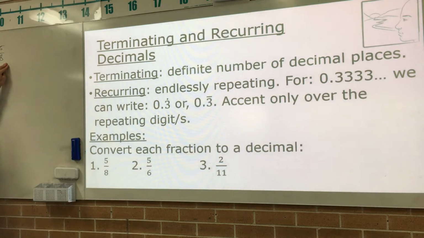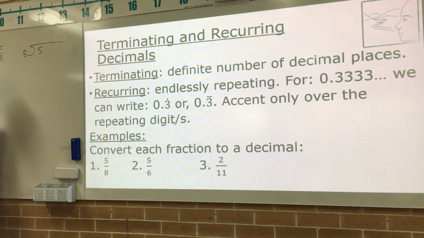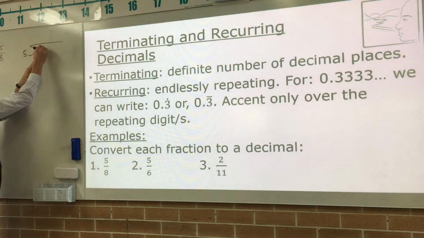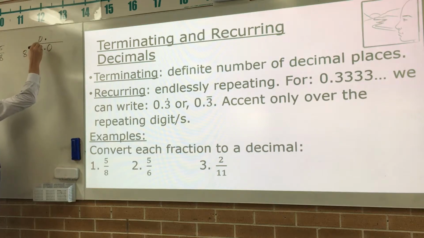So here we have 5/8. I already know the answer is 0.625 because I just know that fraction. But let's do the maths and show what we need to do. So we're finding out 5 divided by 8. So it's 8 into 5. As we learnt yesterday and should know, it won't go there, so put your decimal point, add a 0. So now it's 0.